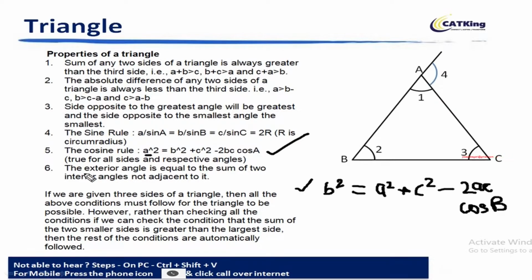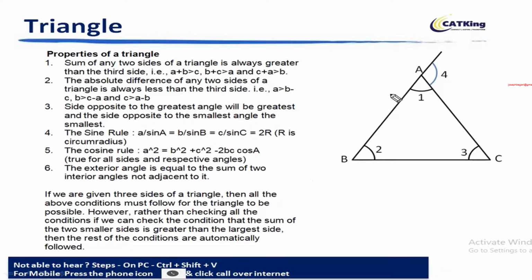And the last property is that the exterior angle is equal to the sum of the two interior angles not adjacent to it, right? So in this figure you can see angle 4 is an exterior angle, as it lies outside the triangle and on line AB. So the exterior angle is equal to the sum of the two interior angles not adjacent to it.